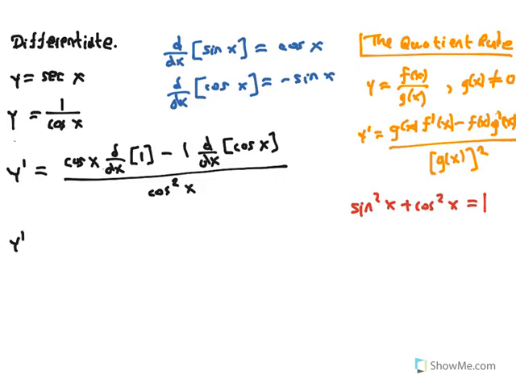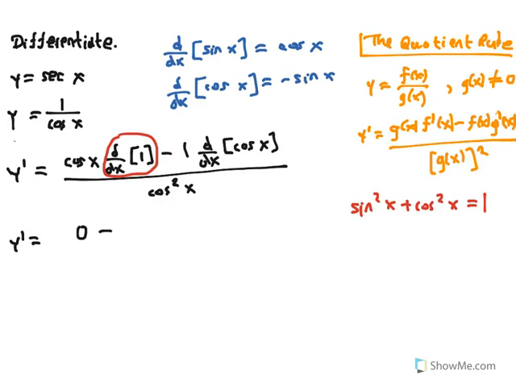So now we have y prime is equal to, in the numerator, the derivative with respect to x of 1, which is 0. Cosine x times 0 is 0. So you just write 0 minus 1 times the derivative of cosine, which is negative sine.